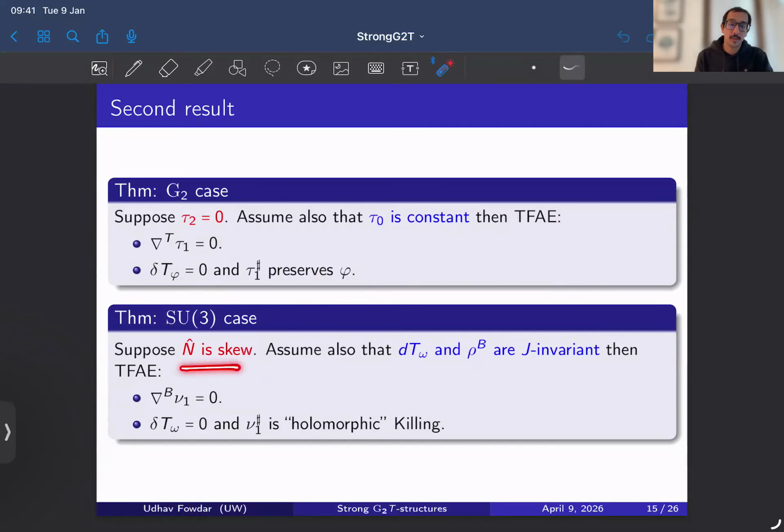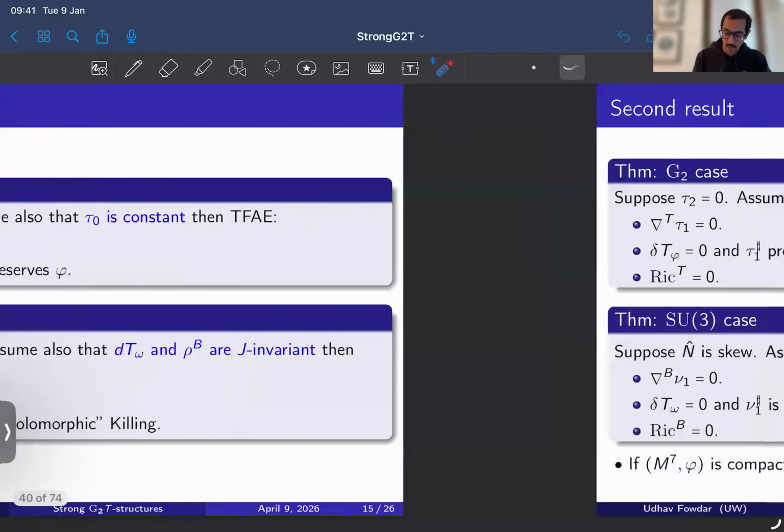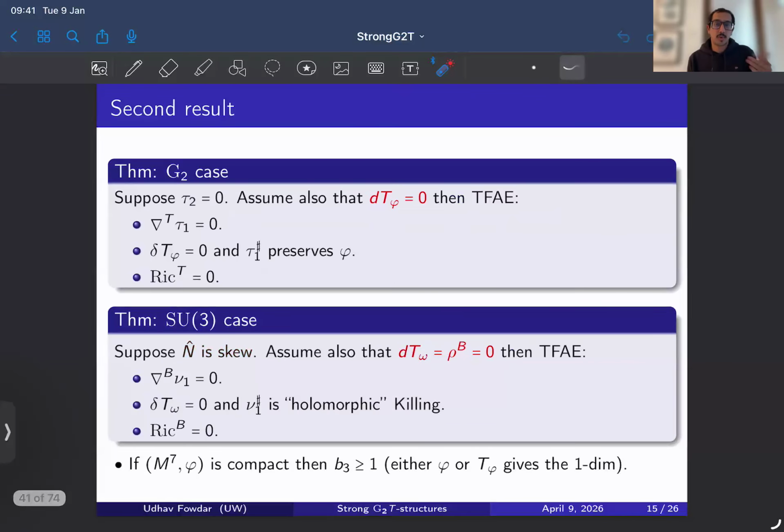So there's a natural analog between the conditions that the Nijenhuis tensor is skew-symmetric and tau2 is 0, and the conditions that tau0 being constant and these tensors here being J-invariant. Okay, so there's formal analogy between the two situations. And again, you can in both cases promote this condition to asking that the Ricci curvature of the characteristic connection in fact vanishes.